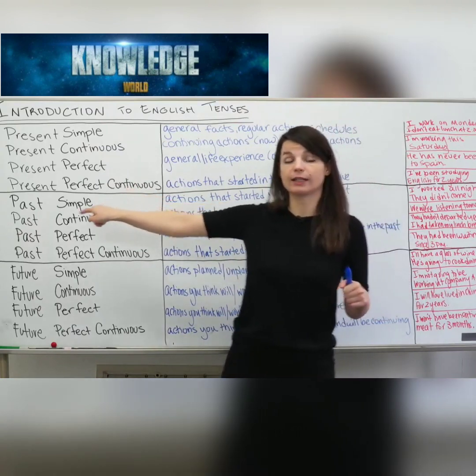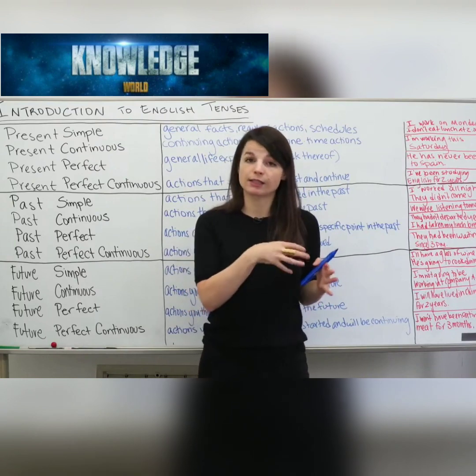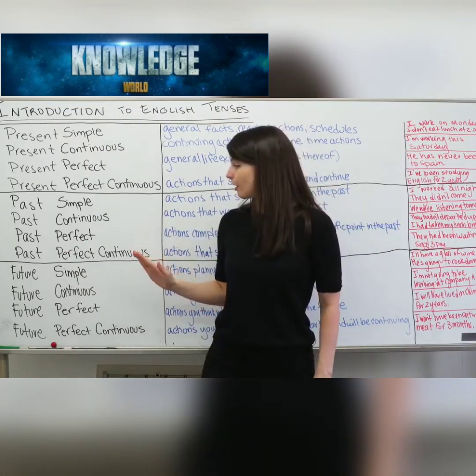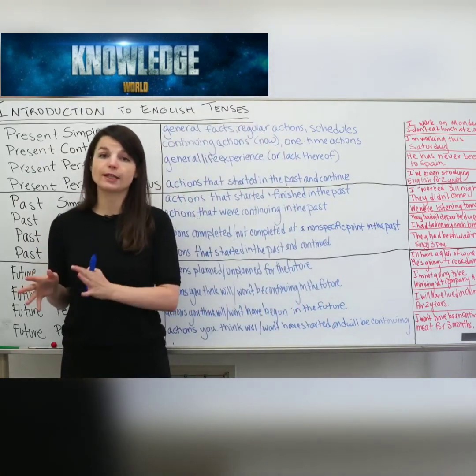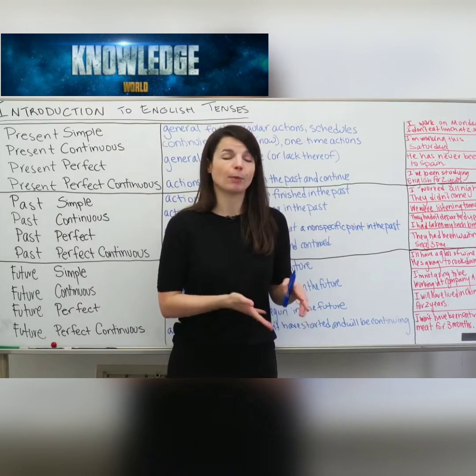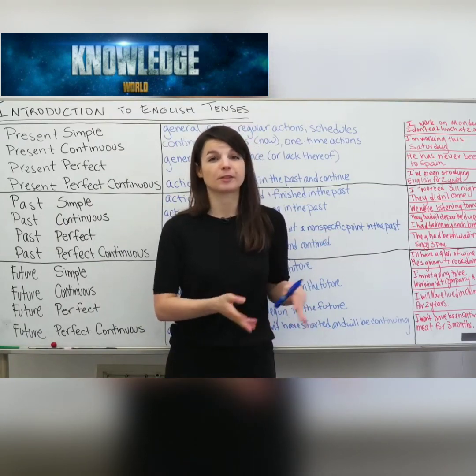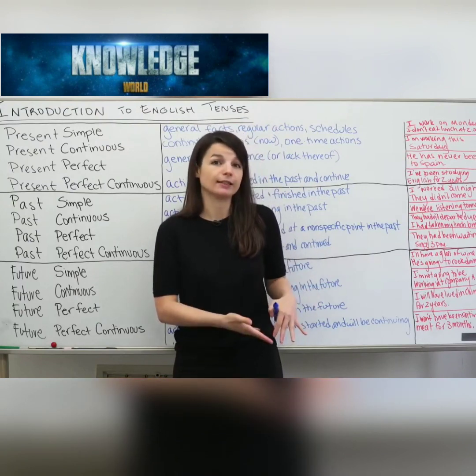With present perfect continuous, the action is happening now still. That behavior still continues. Key point though with past perfect continuous is that the action started at some point in the past and then continued and finished as well, but at some unspecified point. So maybe we don't know exactly when the action finished, but it's done, it's complete.